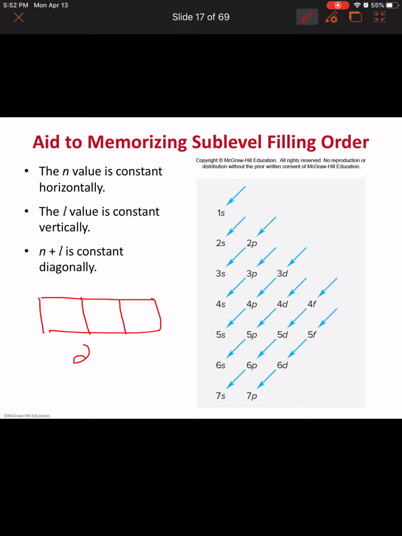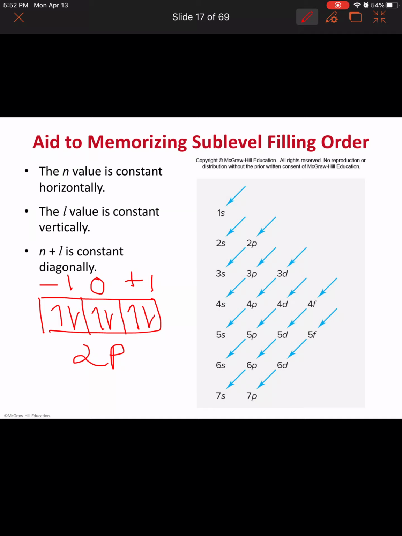Remember, they have 3 orientations, -1, 0, +1 ml values. So these are orbitals, and each can hold a maximum of 2 electrons: 1, 2, 3, 4, 5, 6. So the p orbitals can hold a maximum of 6 electrons.